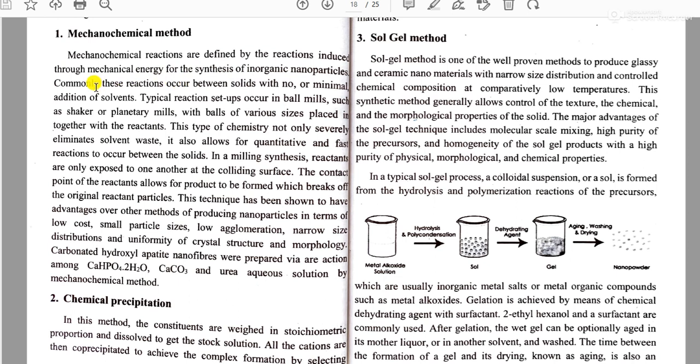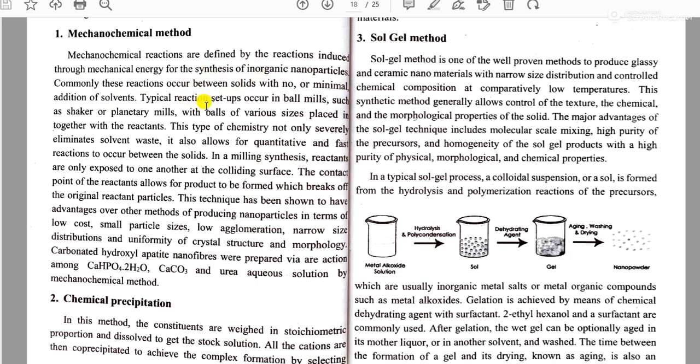The second point is that these reactions occur between solids. Therefore there is either no use of solvents or very minimal use of solvents for this type of synthetic method, because the reactions are occurring in the solid state itself.